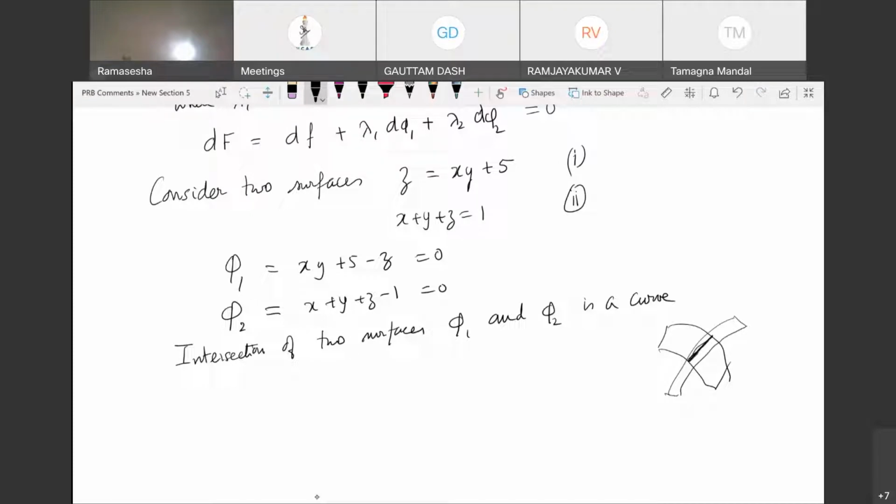So now what I want to find is the shortest distance from the origin to the curve.